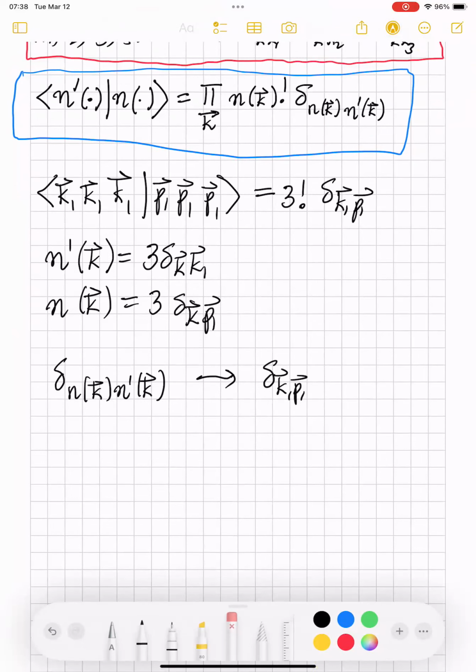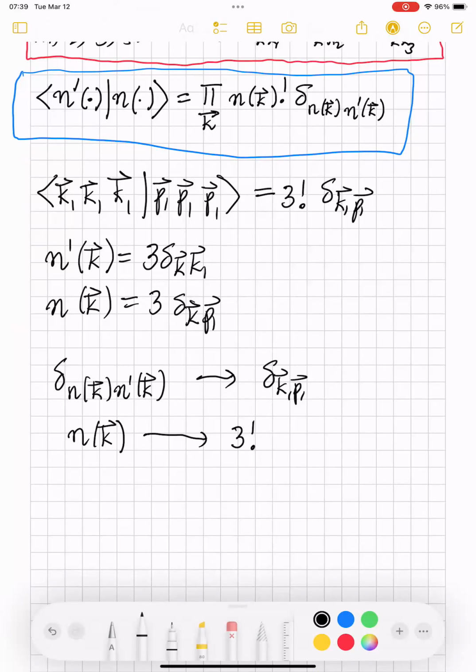So that we know. And what is the value of n of k? Well, the value of n of k everywhere is 0, so it'll be a whole lot of zeros, but at the point where k is equal to k1, n of k becomes 3. Now, the naught factorials are all 1s. The 3 factorial is just a 3 factorial.